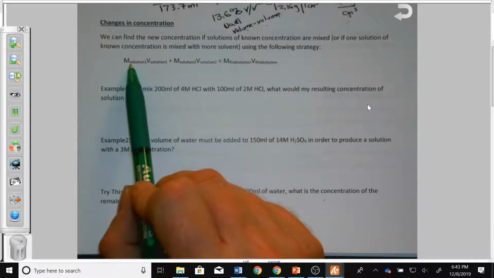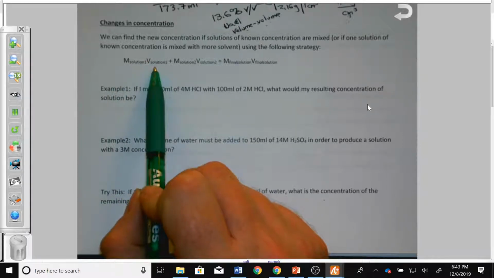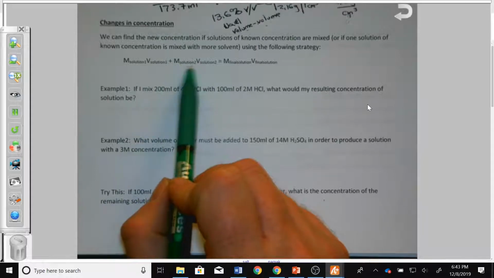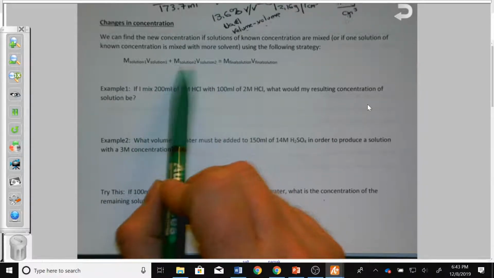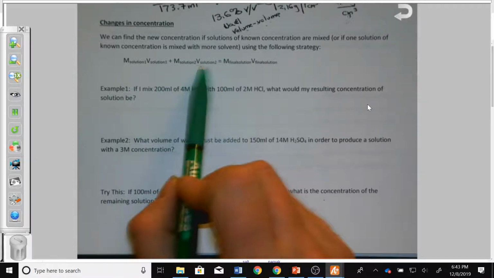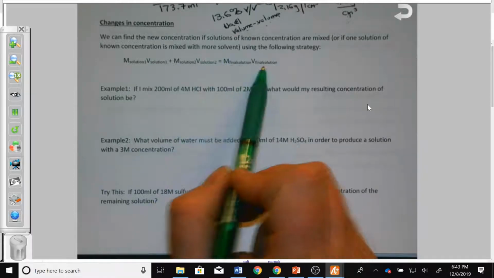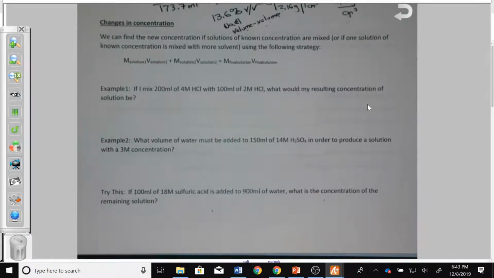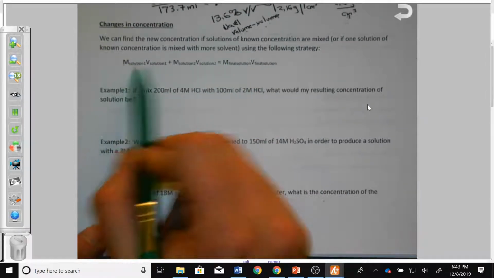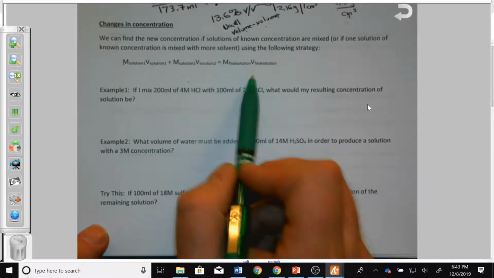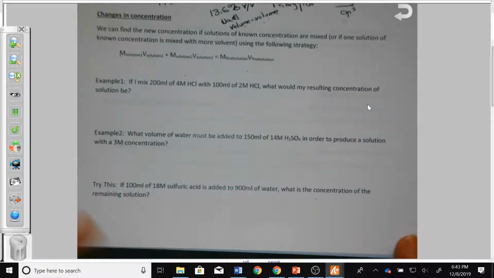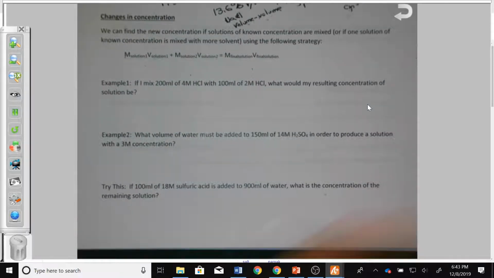If we take the molarity of solution 1 times the volume of solution 1, and we add that to the second solution, molarity times the volume, that will give us the molarity times the volume of our final solution. Well, because molarity times volume is moles. And if I go moles plus moles equal final moles, well, that should make some sense. Yeah, let's see this in practice.